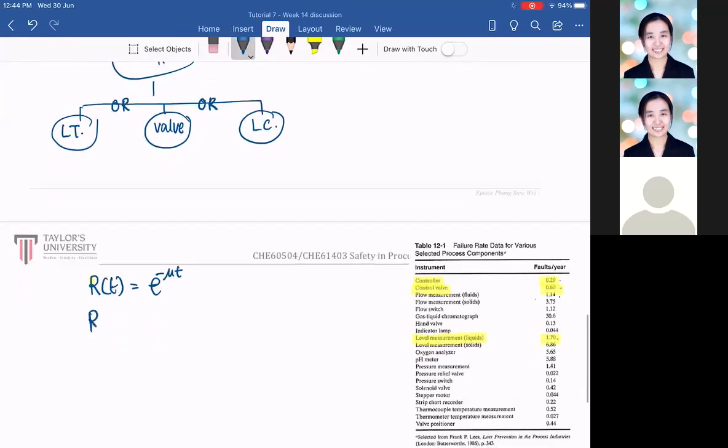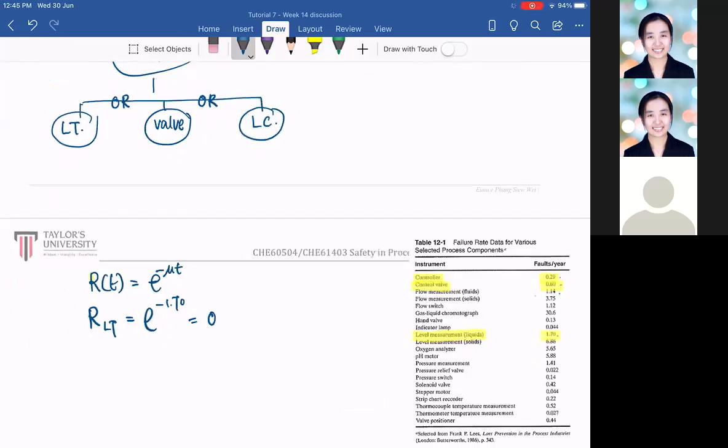So the reliability of the level transmitter, over here the level measurement, is e to the minus 1.70. So do we have the data? Exponential minus 1.70. So we get 0.1826.